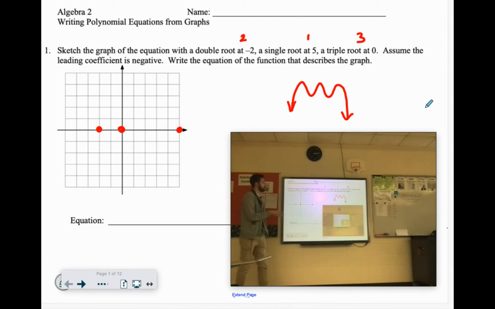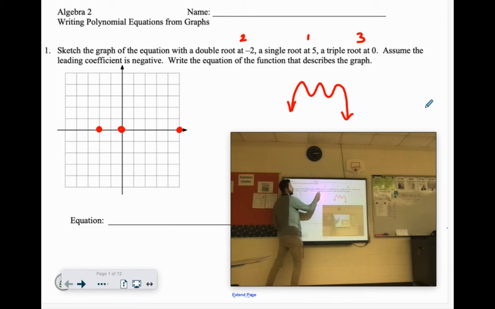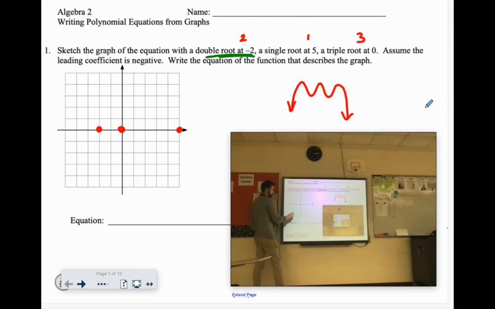Now let's talk about these double roots. Remember, a double root means that it touches it and then it turns around. So it doesn't cross through it. So it's going to come up, hit -2, and then start heading back down. It's got a single root at 5, so that means it'll cross at 5, and then a triple root at 0.